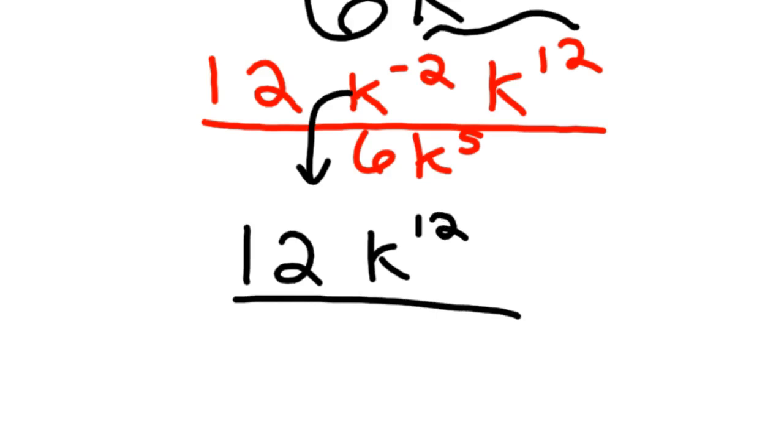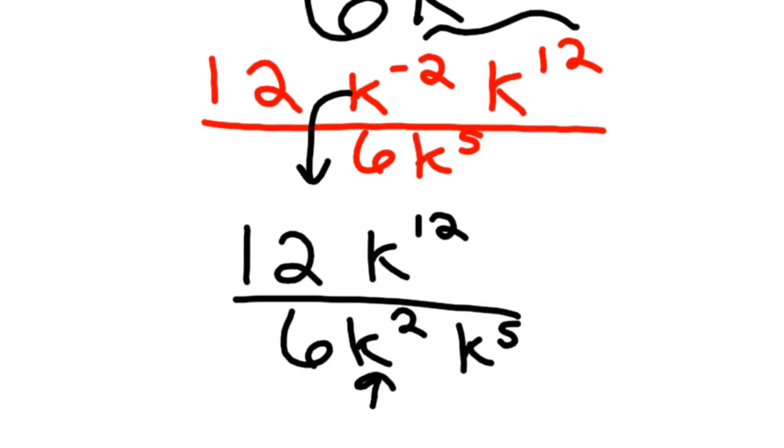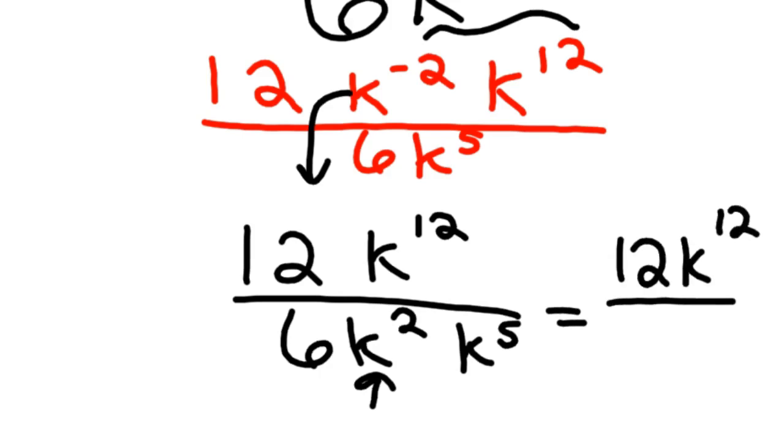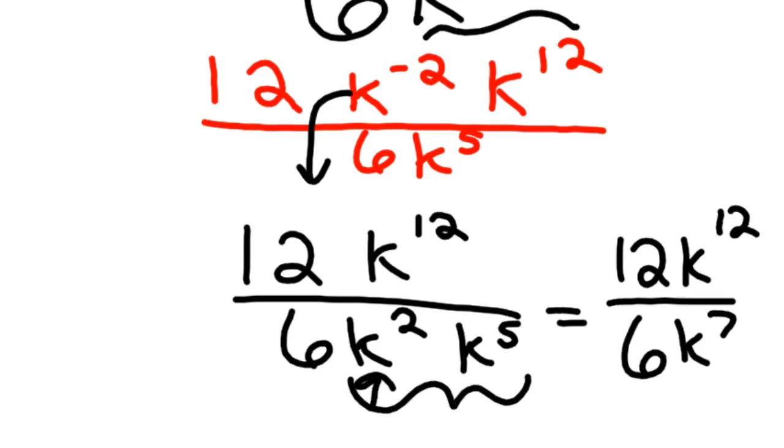So we've got 12k to the 12th on top now, but you've got 6k squared k to the 5th. And when you reciprocate things, remember that that negative exponent becomes positive. So now we've got 12k to the 12th over 6k to the 7th power, because these combine, you've got 2k's plus 5k's is 7k's when we're multiplying them.